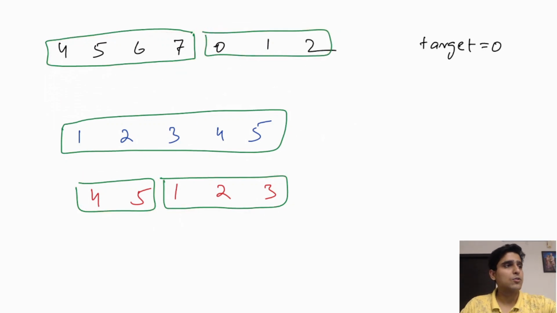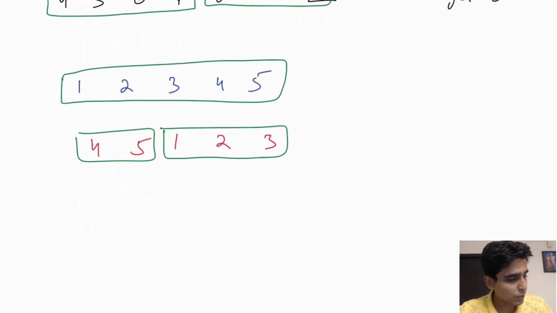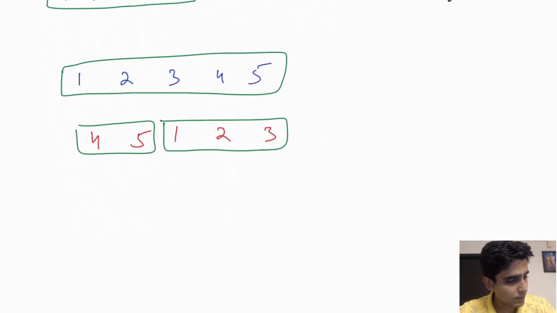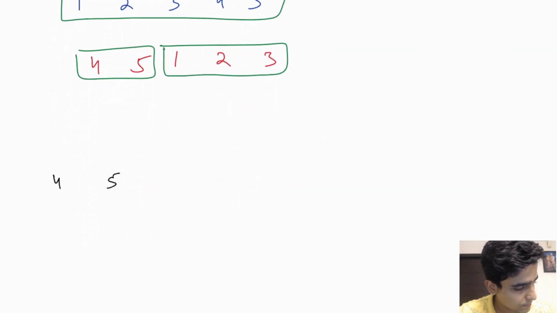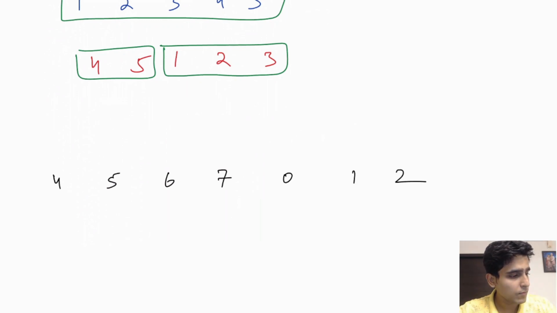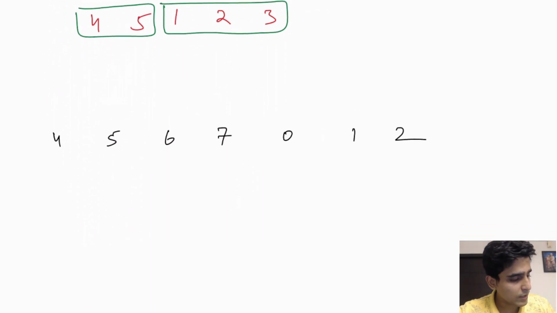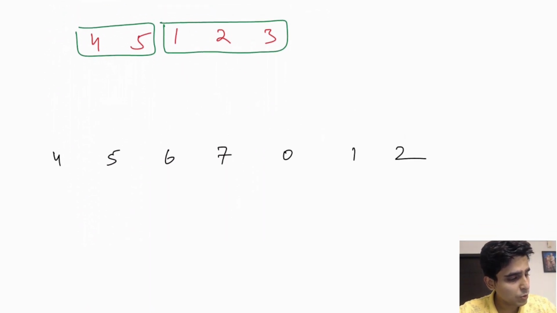Okay, so how can we do this? Basically we can again do the binary search to divide the array into two parts. Let's look at the previous example, 4 5 6 7 0 1 2. We want to divide it into two parts.